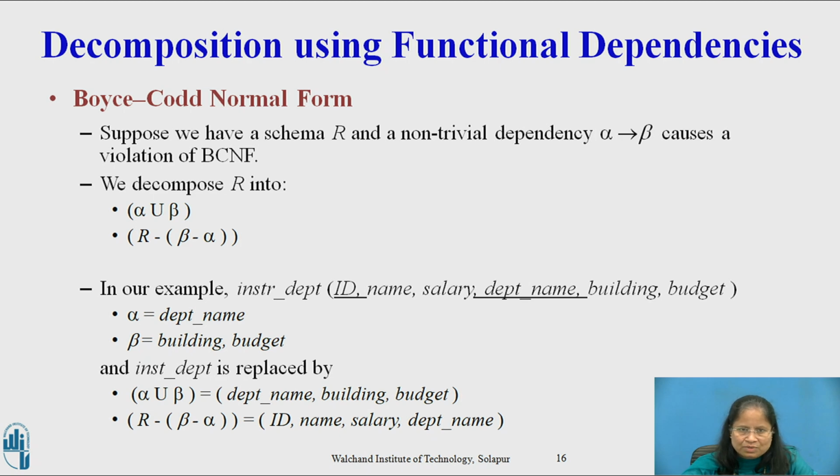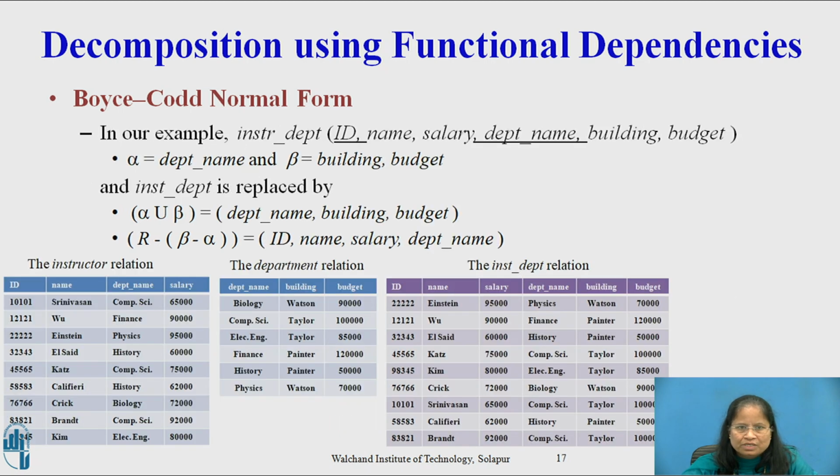In our example, instructor department with the attributes ID, name, salary, department name, building and budget, alpha is equal to department name and beta is equal to building and budget. So now instructor department is replaced by two relations, that is department with department name, building and budget, and instructor with ID, name, salary and department name.